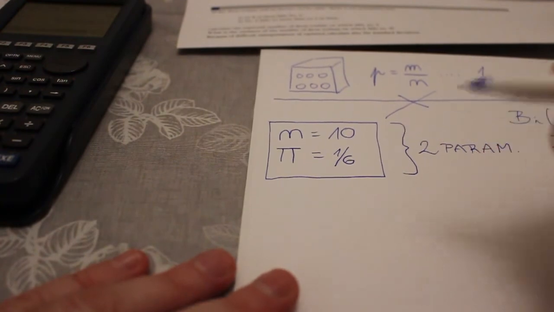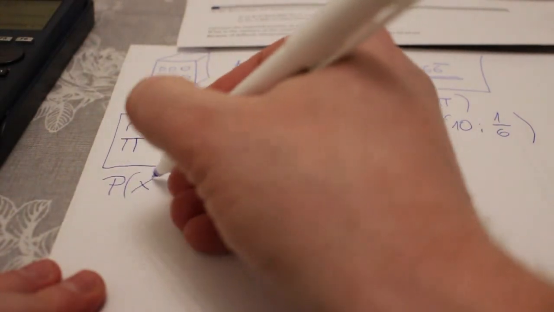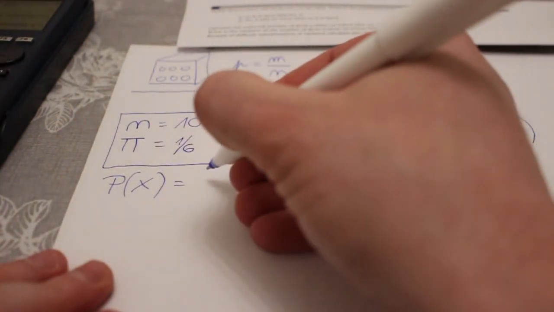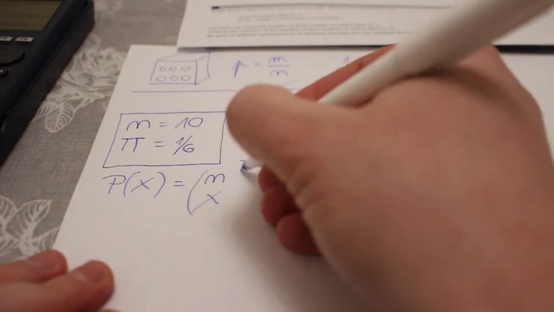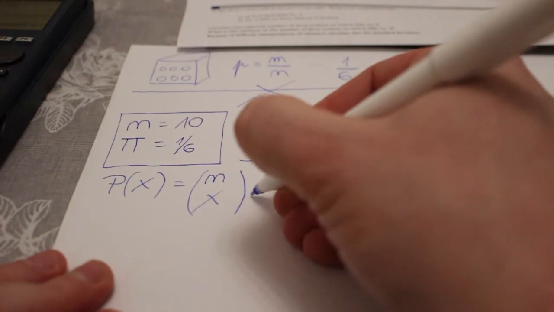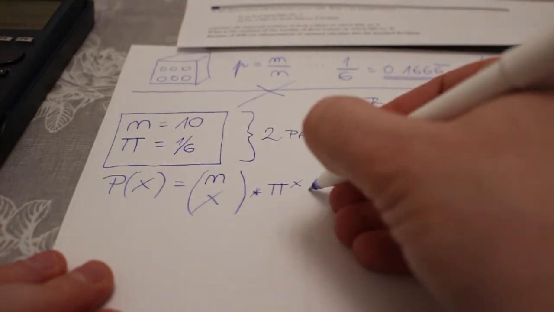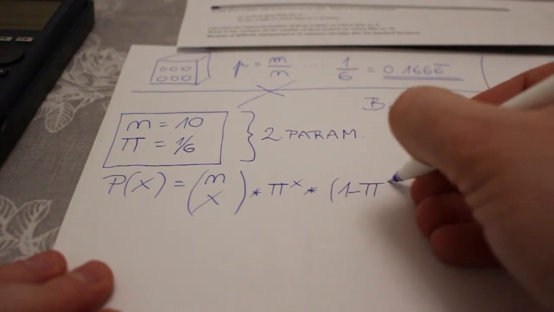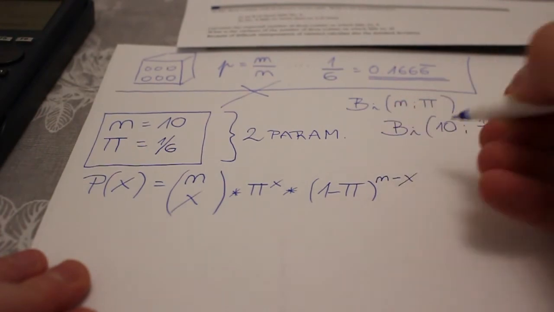So in your formula sheet, you can find the probability function of the binomial distribution, which is equal to n above x, multiplied by p powered by x, and this is multiplied by 1 minus p powered by n minus x.